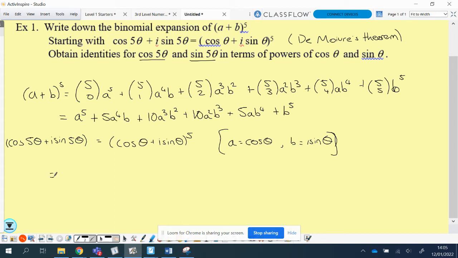So that's going to give me cos theta to the power 5, plus 5 multiplied by cos theta to the power 4 multiplied by i sin theta. Okay with that step so far? Yep. Plus 10 cos theta cubed multiplied by i sin theta squared. I'm just substituting into my answer for the binomial expansion.